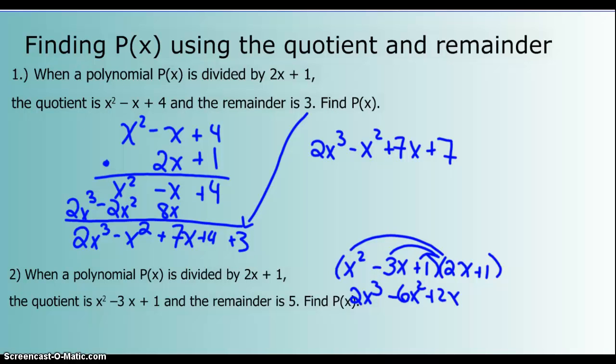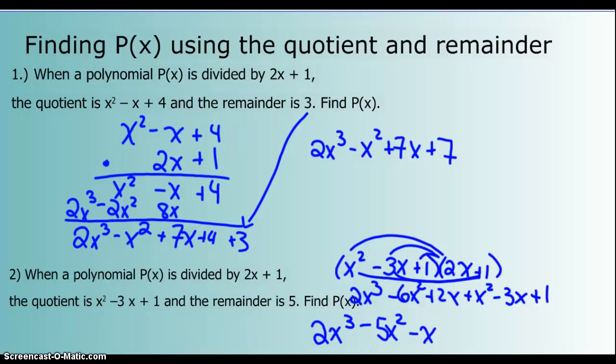Then redo the whole thing with the 1. So x squared times 1 is just x squared, always nice. Negative 3x times 1 is negative 3x plus 1. So now I'm going to combine like terms. 2x cubed, and then I have minus 5x squared minus x, and then I have a 1 and a remainder of 5, so that gets me up to 6.